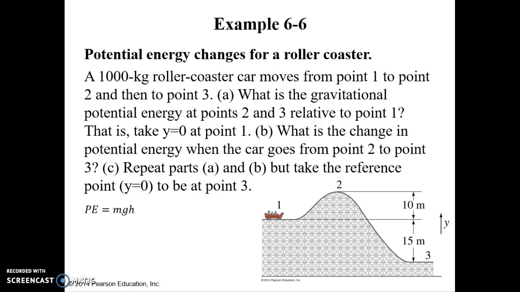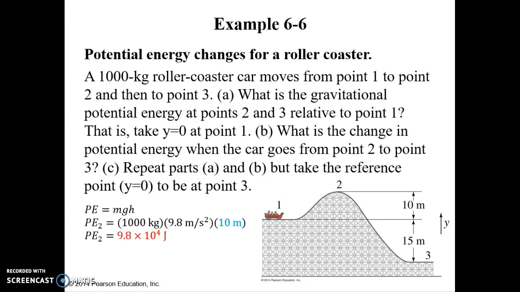The first step is to start off with our new equation for potential energy, which equals mgh. From there, it's just a plug and chug, but take a closer look at what we plugged in. Since point 1 is a reference point where potential energy is 0, that means point 2 is only 10 meters above point 1.